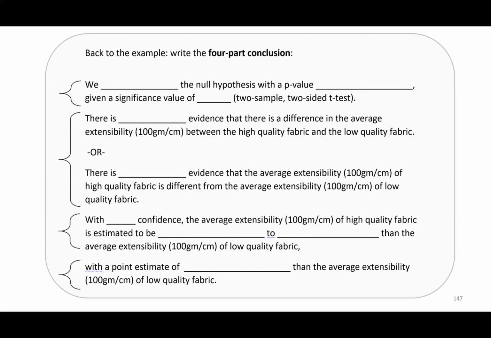We have a null hypothesis with a p-value between 0.02 and 0.04, given a significance level of 0.05. Looking at that, my p-value is smaller. So this is strong enough evidence for me to say I don't believe the null anymore. So we're going to reject the null.